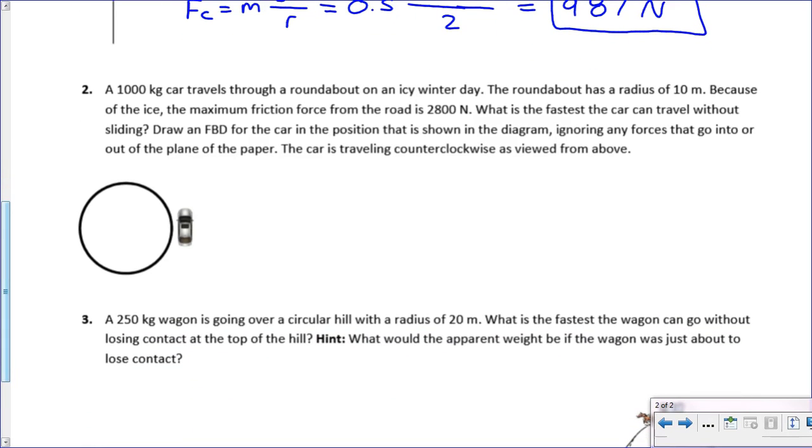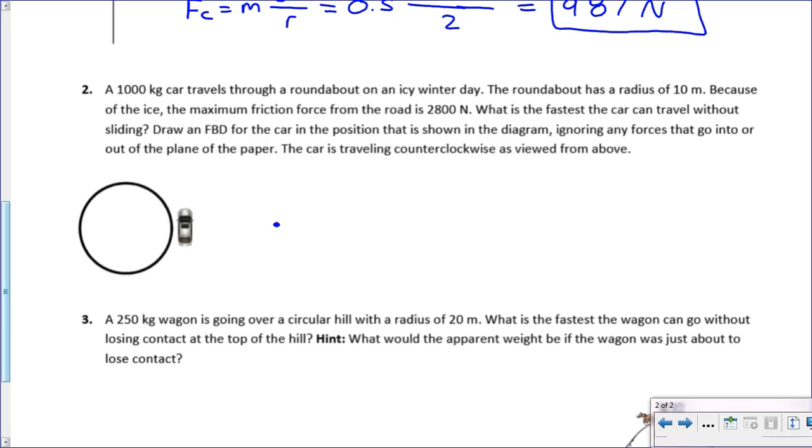All right, for number 2 here, we've got a car going around a roundabout on an icy day, and it says the maximum friction force coming from the road is 2,800 newtons. And I ask, what is the fastest that the car can go without sliding? So on this one, again, we have to think about an FBD.